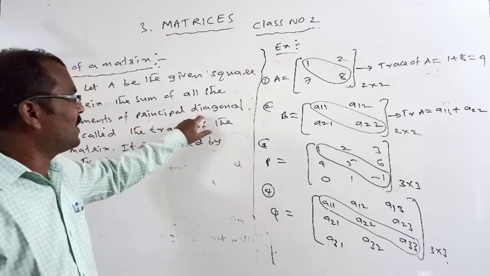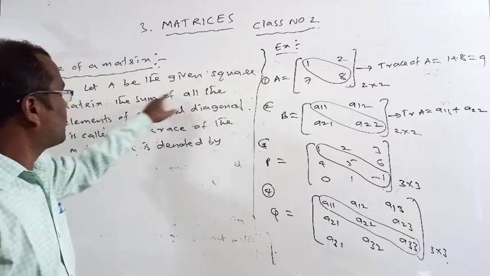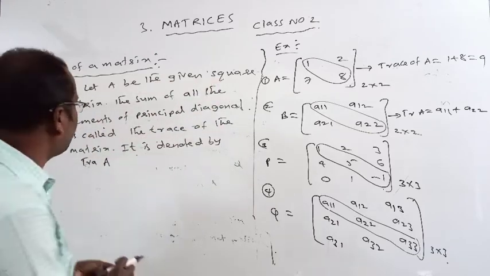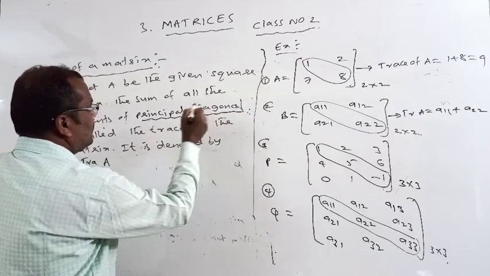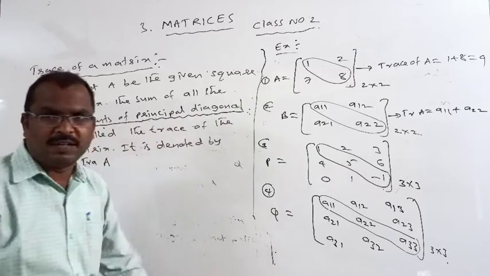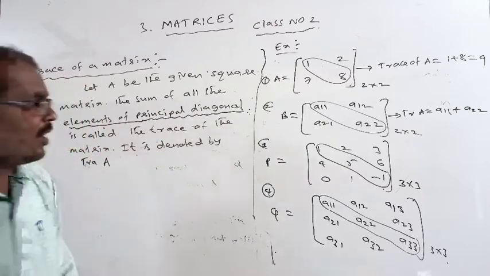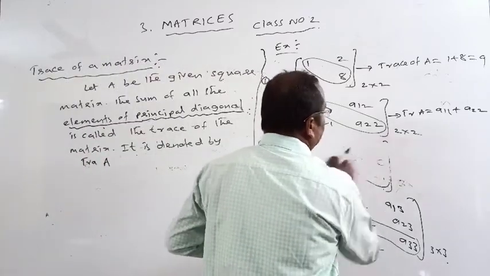Students, see the definition once again. Underline the elements of the principal diagonal. So now here trace is what?